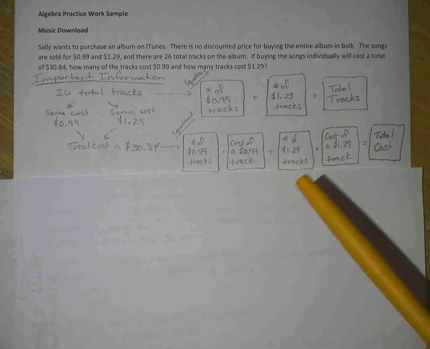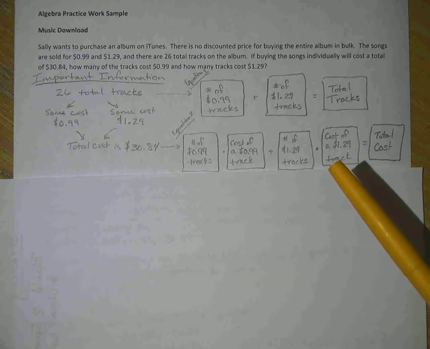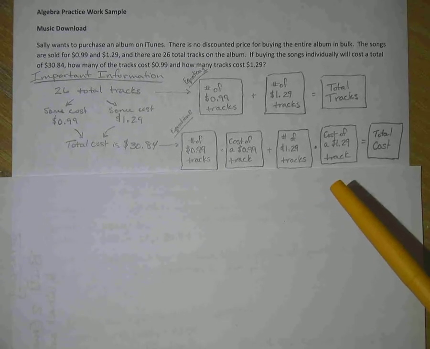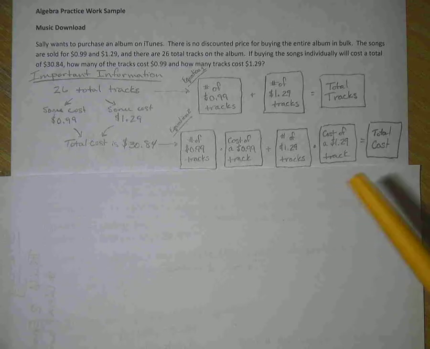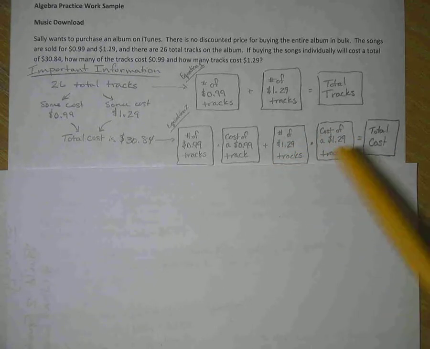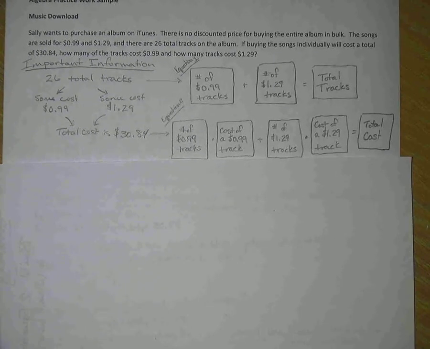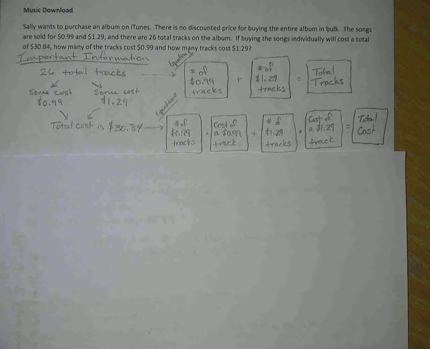Remember, not everything has to be writing things out in words and in paragraph form. It can be more of a visual than that, and this is something that you might see more in a textbook. Trust me, when I was going through math in high school, I thought I'm never going to write stuff out like this, but once I got into college and even later in high school, I realized that it really does help you set things up.